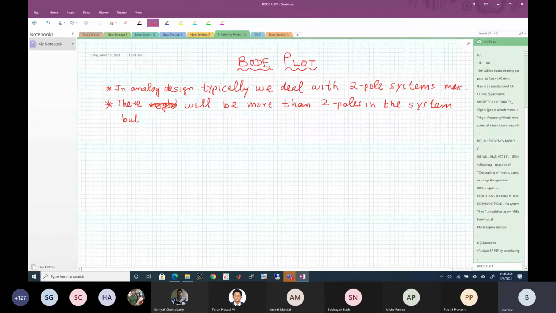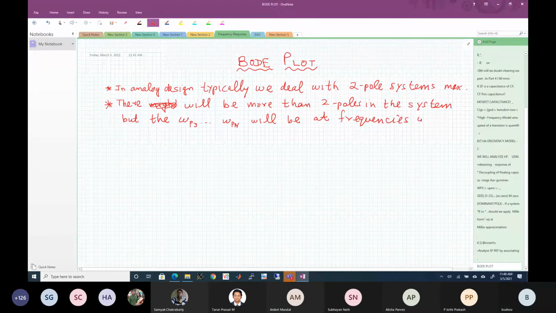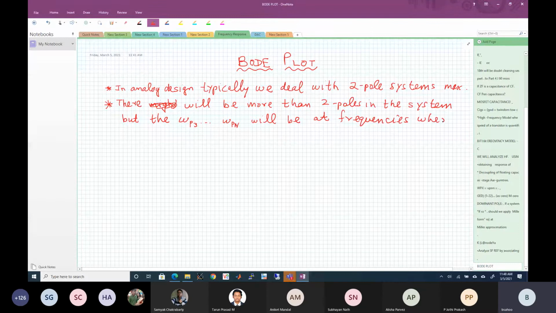But the poles, let's call these omega p3 up to omega pn, will be at frequencies where the magnitude of the gain, whatever gain, it can be a voltage gain, current gain, GM, transresistance, whatever it is, the magnitude of the voltage gain is less than 1.